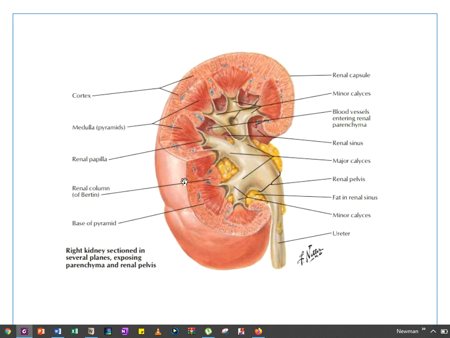You have to notice that there is a capsule, the renal capsule, which is here. There is also the cortex, the renal cortex. There is the renal medulla. There are minor calyces, major calyces, and the renal pelvis.